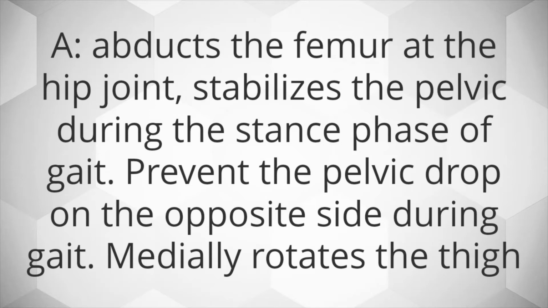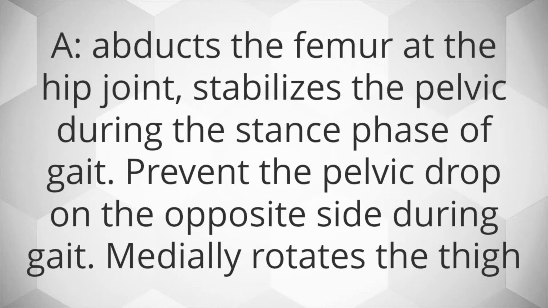So this is the gluteus minimus, and the gluteus medius is a very important muscle in gait. Gait is how you walk. There is a special test, quote unquote, called the Trendelenburg sign.